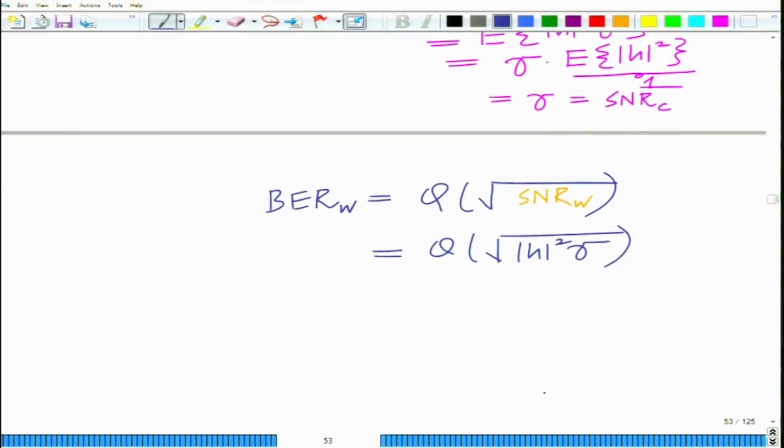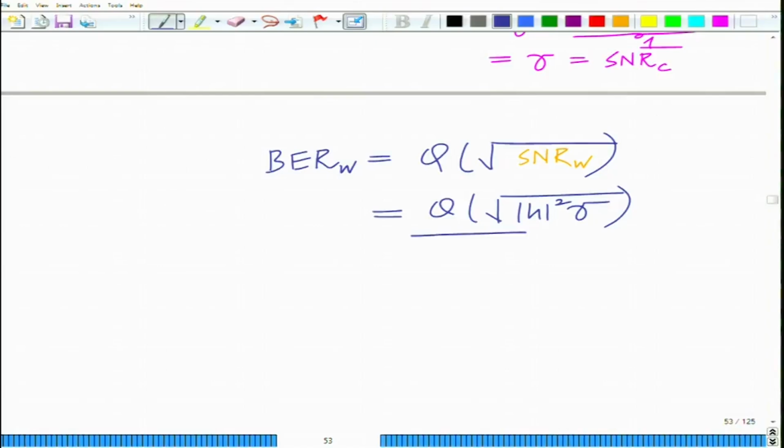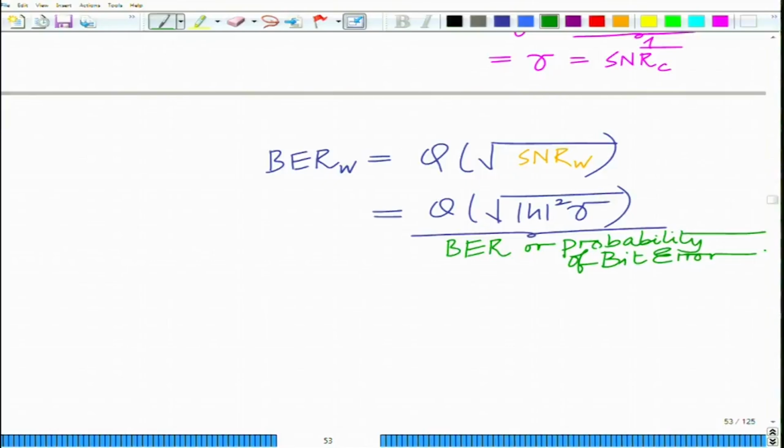So, this is known as the instantaneous bit error rate, or probability of bit error, for a wireless communication system.